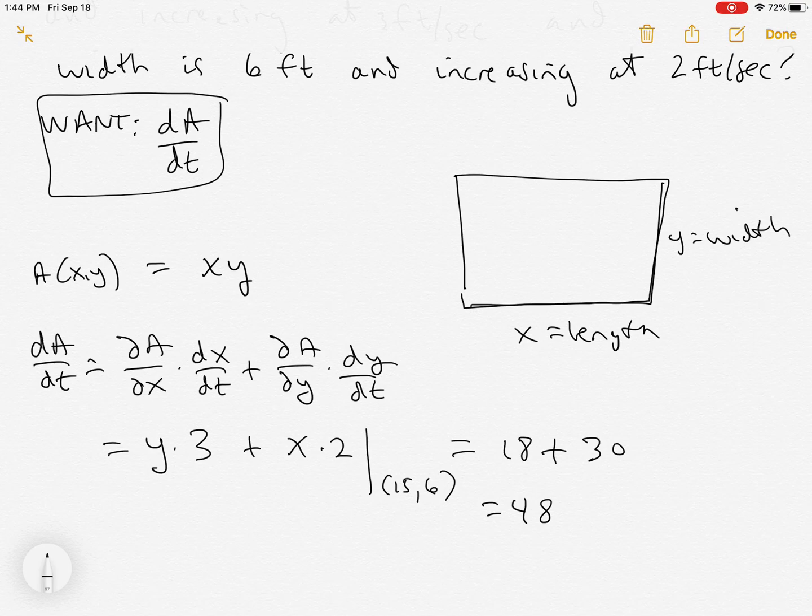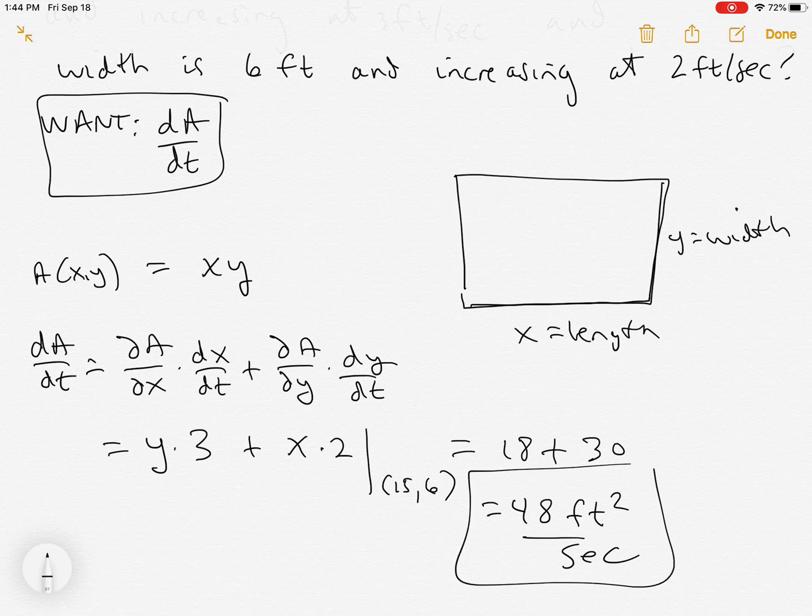And so the rate is 48 feet squared per second. So there you go. It's just like Calc 1, only x and y are both changing.